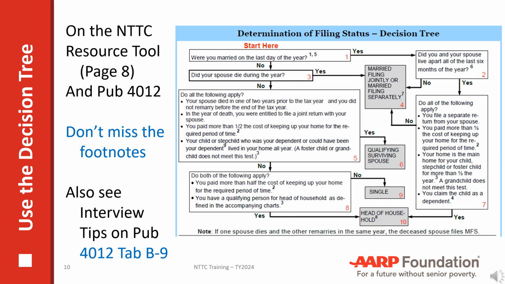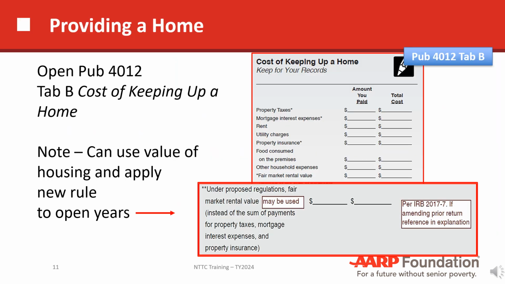And now we'll move on to more detail. For head of household filing status, it's necessary to determine whether the taxpayer contributed over half the cost of maintaining the home that was the home of their dependent child.